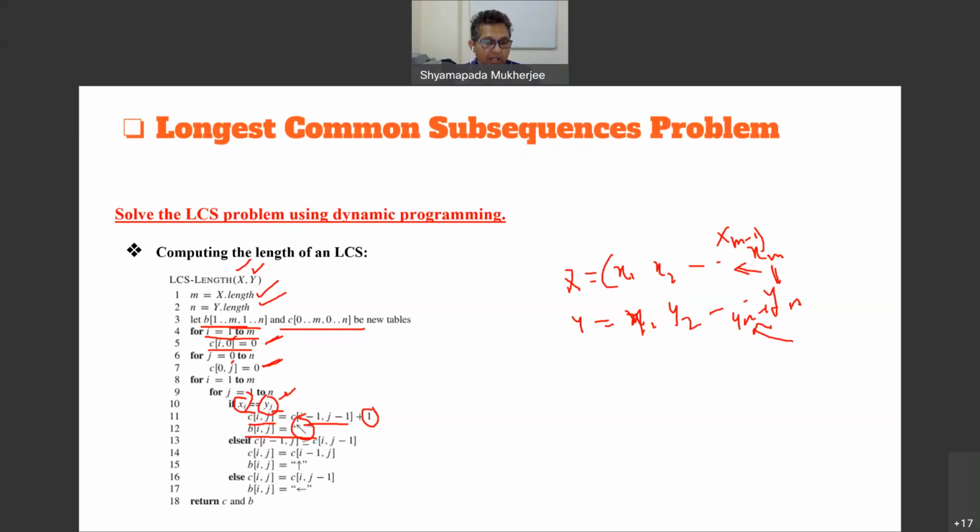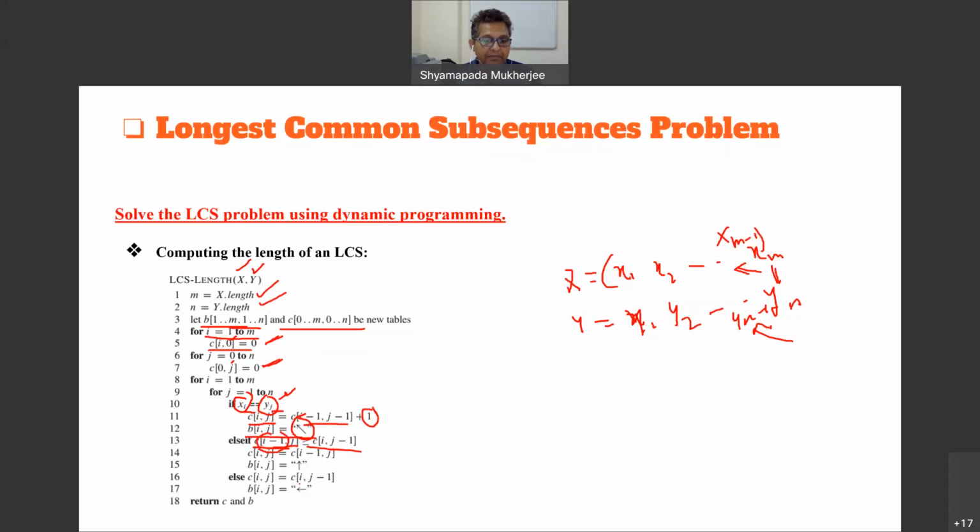If it is not equal, we need to check which length is the largest, either c[i minus 1, j] or c[i, j minus 1]. Based on that, if we see the i value is reducing, that means the row number we are considering is one less than i.